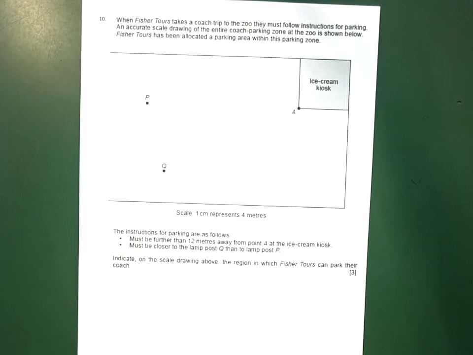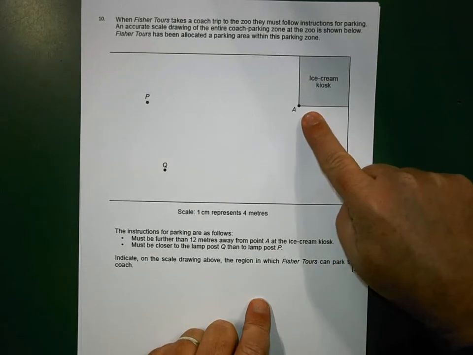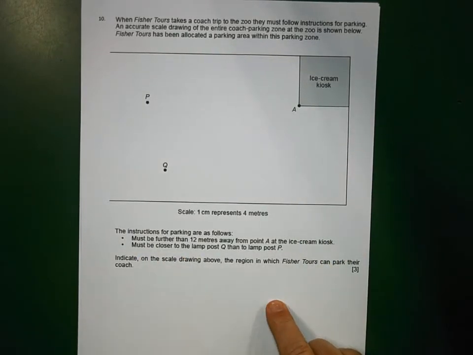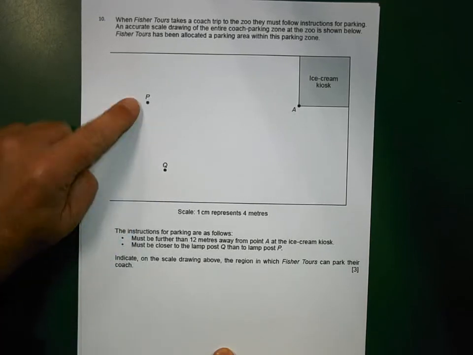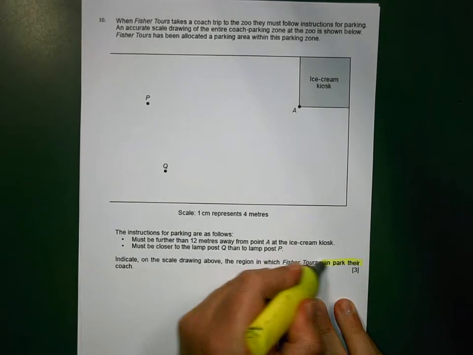Must be further than 12 meters away from a point A at the ice cream kiosk. Must be closer to the lamppost Q than the lamppost P. Indicate on the scale drawing above the region in which Fisher Tours can park their coach. So that's what we have to do.